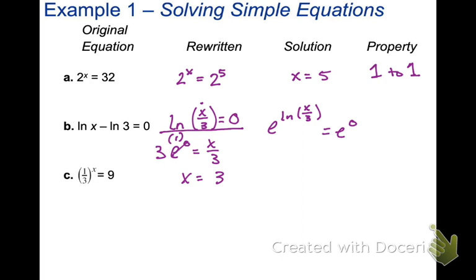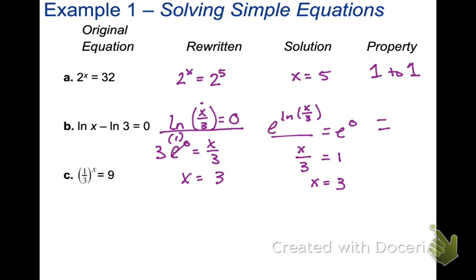Can I do that? Yeah, because I can do anything I want as long as I do it to what? Both sides. So over here, the inverse property tells me e to the natural log of x over 3 is just what? x over 3. And we know e to the 0 is 1. So x is 3. So those are 2 ways to do that.